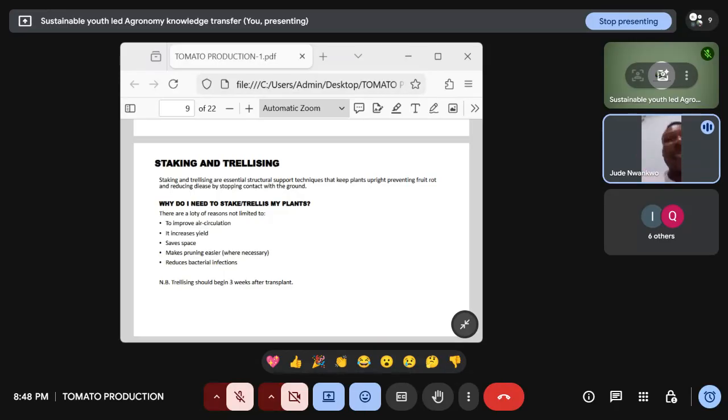Sometimes you enter rescue mode, where maybe you planted and your mind went off the trellising or staking. Before you know it, the plants have started fruiting or have too many stems or branches, and you're now on a rescue mission, trying to gather them so that you don't lose a lot of stems. So you need to begin your trellising 3 weeks after transplant. Next slide.